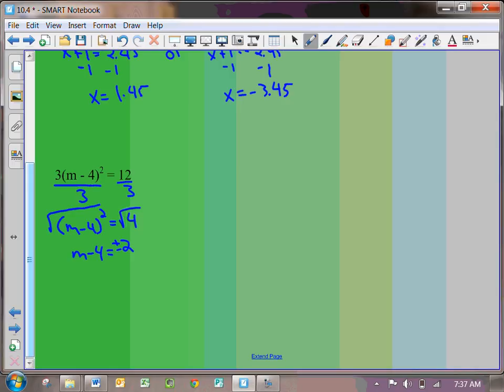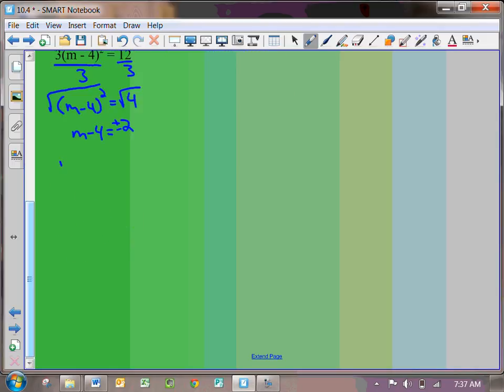So now we split it apart. m minus 4 equals 2, or m minus 4 equals negative 2. So m, because we're adding 4 to both sides, equals 6, or adding 4, m equals 2. So we got 6 or 2.